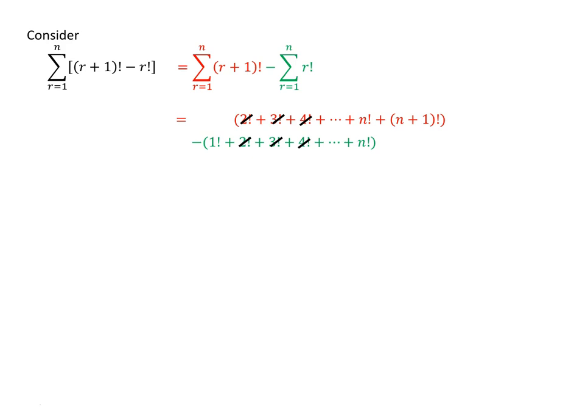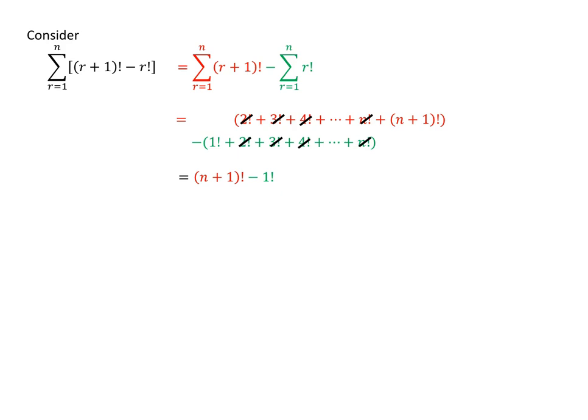And that happens all the way along until we hit the n factorial in the first bracket, cancelling with the n factorial in the second bracket. And in fact, there are only 2 terms there that haven't cancelled out. And we're left with the (n plus 1) factorial from the first summation, take away the 1 factorial from the second summation.